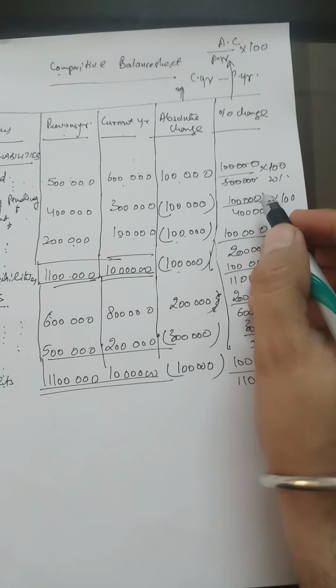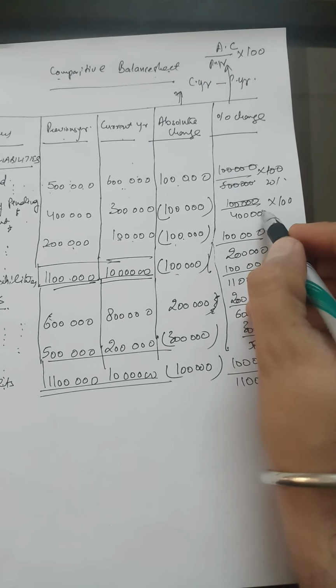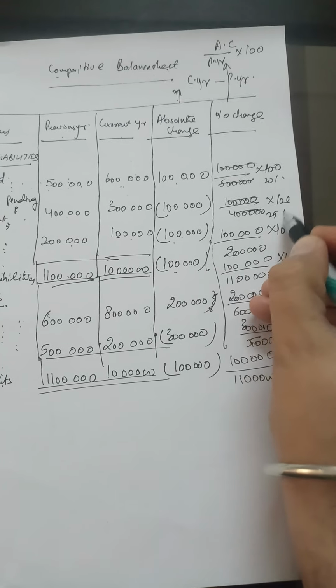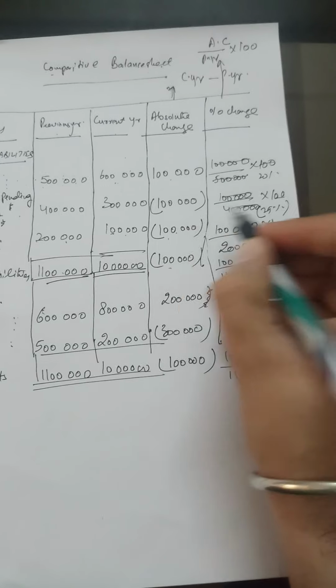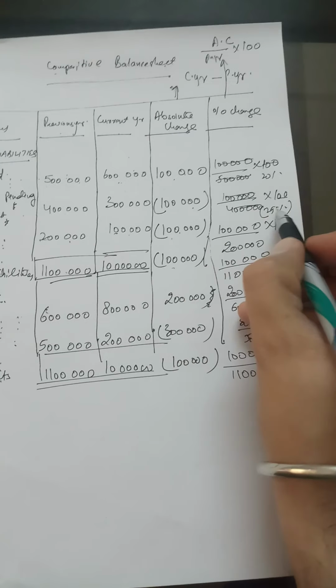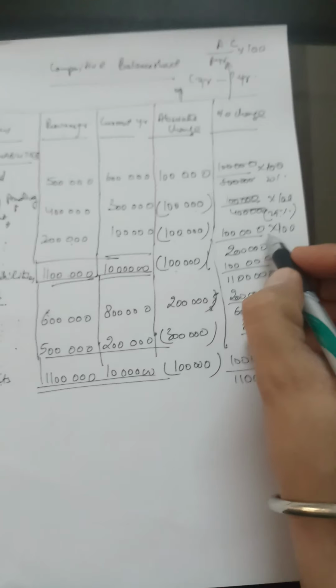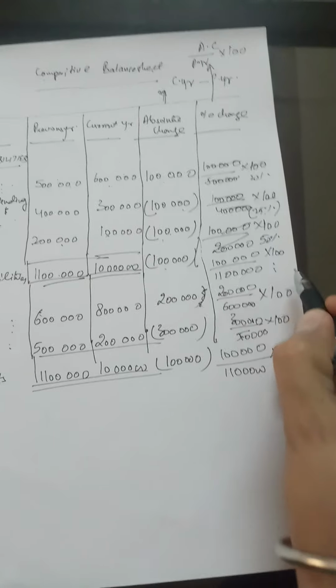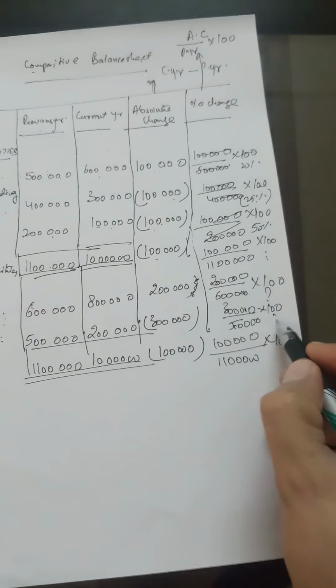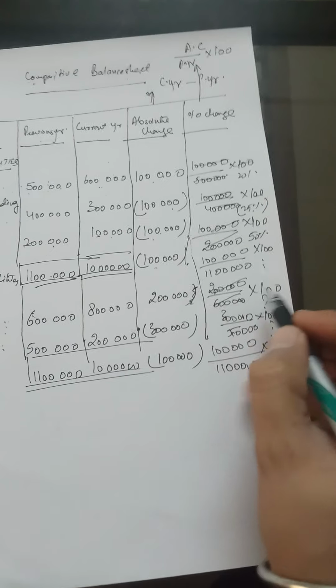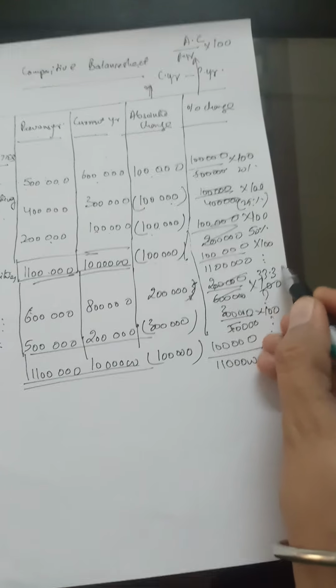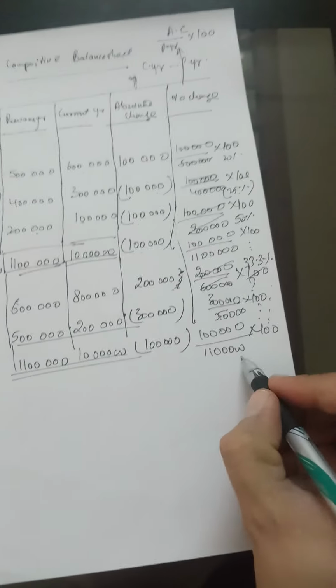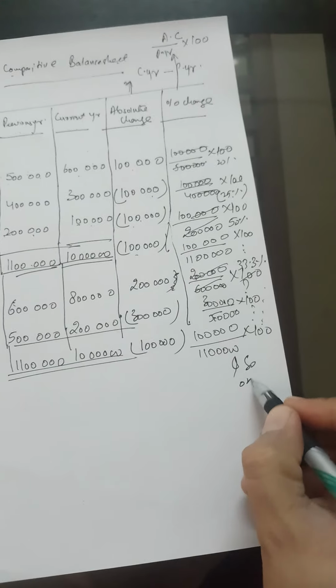This will be 25%, but you will show it in bracket since it was negative figure. You show it in bracket 25%, 50%, and so on. You can calculate like this, 33.3% and so on. You will calculate all these figures.